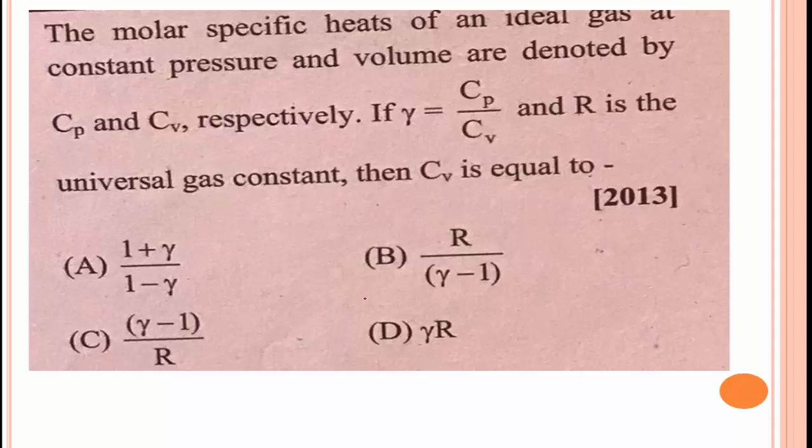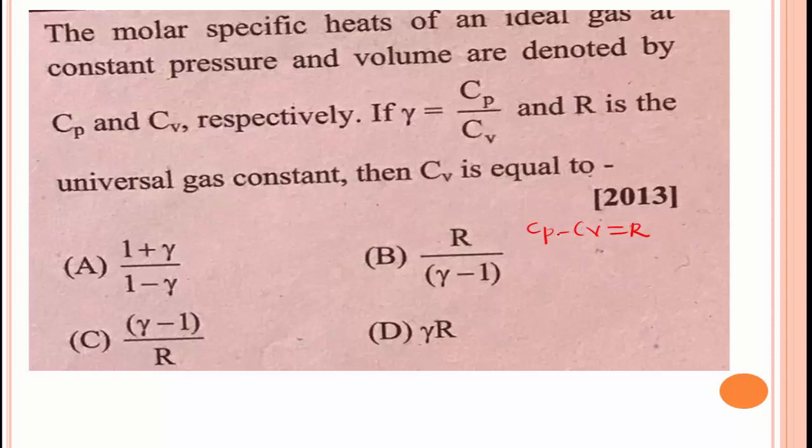If gamma is Cp divided by Cv and R is the universal gas constant, then Cv is equal to... From Mayer's equation we know the formula, Cp minus Cv is equal to R.